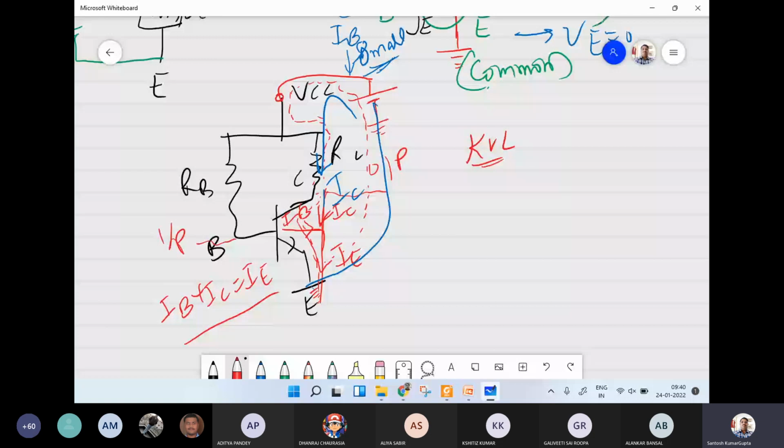We should not forget the different currents which flow through different terminals. Just like here, through RC the current IC is flowing, whereas through the emitter terminal the current IE is flowing. At the input side it is the base current IB which flows. So we have to note down which current flows through which terminal.